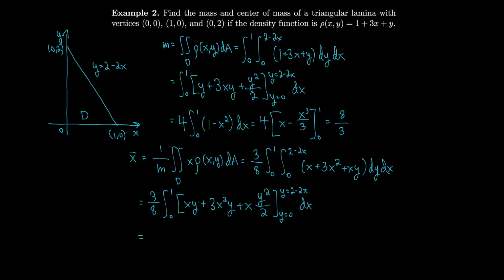And that becomes 3 over 2 times the integral from 0 to 1 of x minus x cubed, which is just 3 over 2 times x squared over 2 minus x to the 4th over 4 from 0 to 1, which is 3/8. So that's interesting. We had 8/3 for the total mass and 3/8 for the x bar.